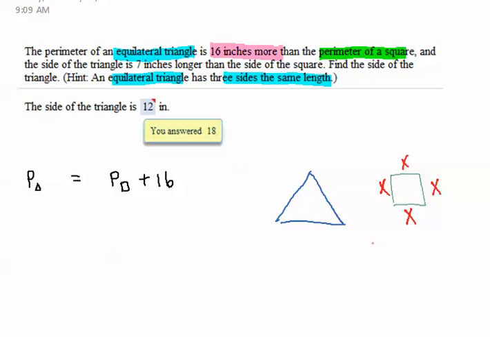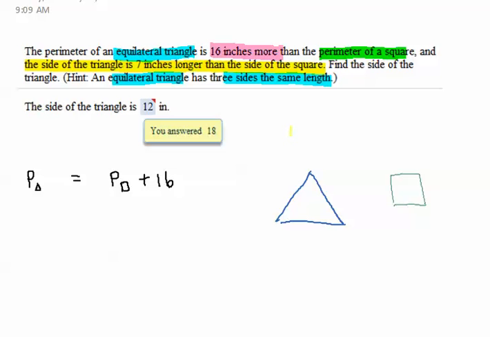Do you want to name the side of the triangle, or do you want to name the side of the square? So one person says triangle, one person says square. You know what I would say? Based on the way it's written, reading this relationship, it says the side of the triangle is 7 inches longer than the side of the square. I would label it based on the square.